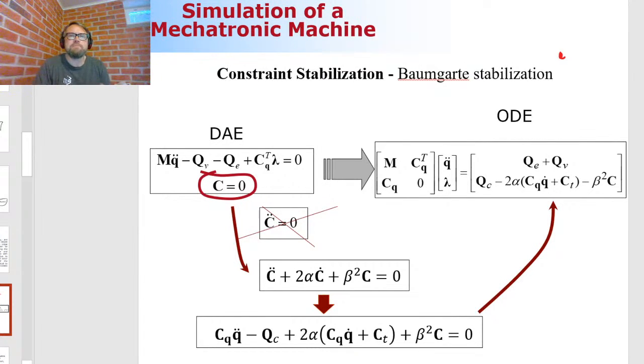I could consider some tricks, where I use this acceleration level constraint and then introduce some penalty factors. With the help of the penalty factors, I'm able to take the constraints at the velocity and position level into account.